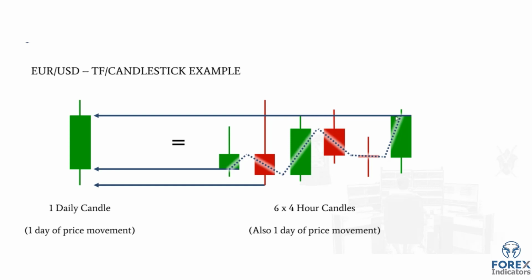The last bar close up here represents the daily candle close, because it was the last bar in the series. It was 24 hours. So the trading day ended here, and the last 4-hour bar closed here. Thus, it's the same close price as the daily candle. And the highest high made in this entire series of 4-hour candles is up here, and that corresponds with the highest high of the daily candle.